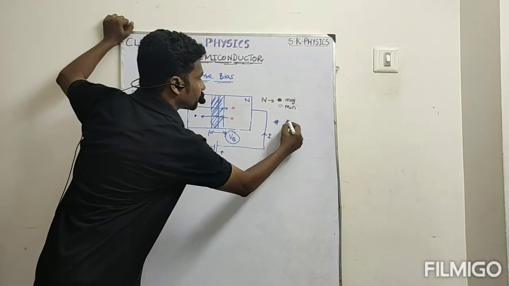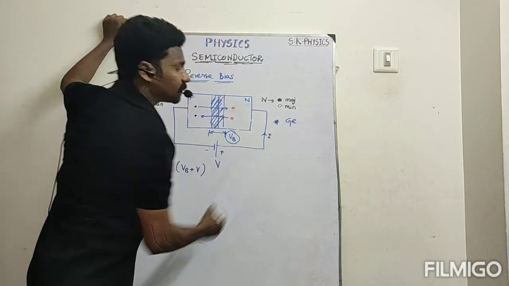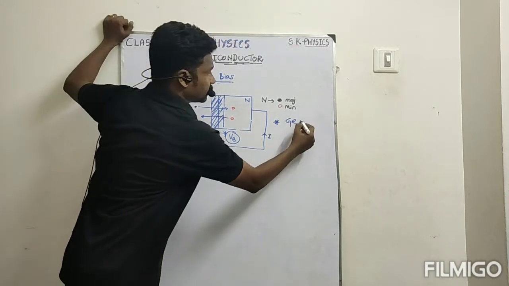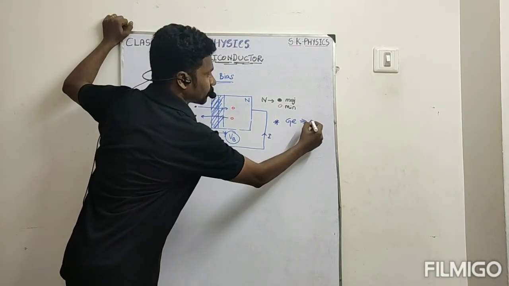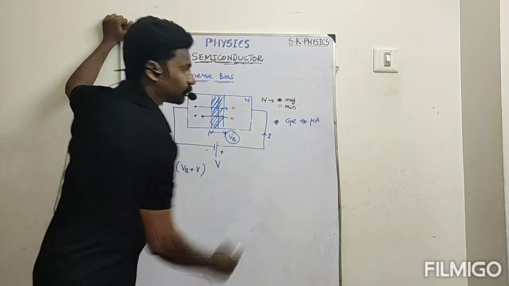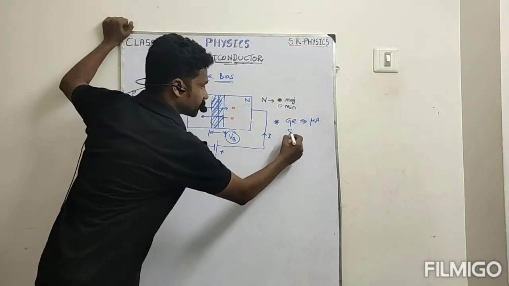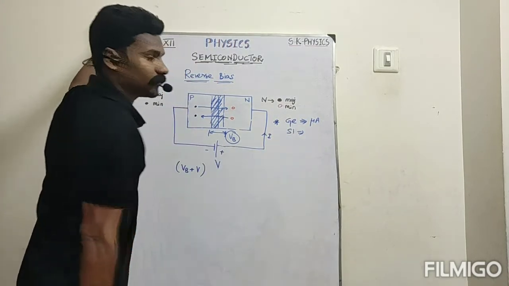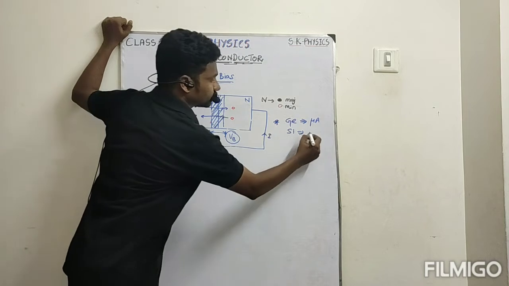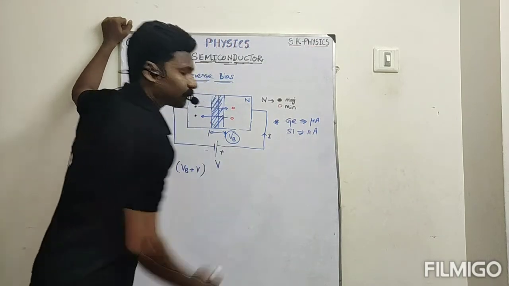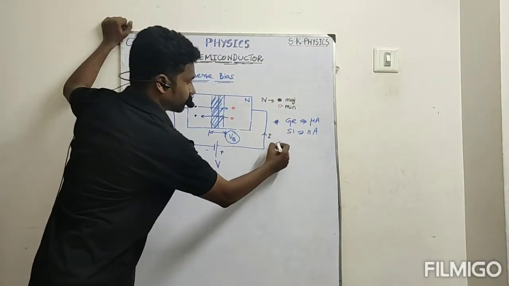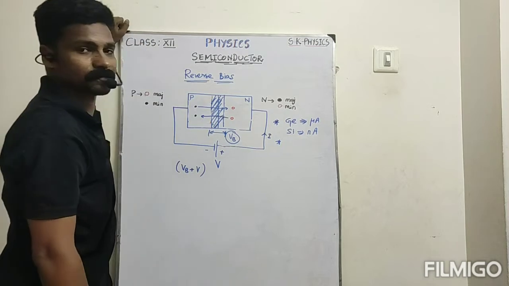If you are using germanium, we can get a current value in the order of microamperes. If we are using silicon, we can get the current in the order of nanoamperes.